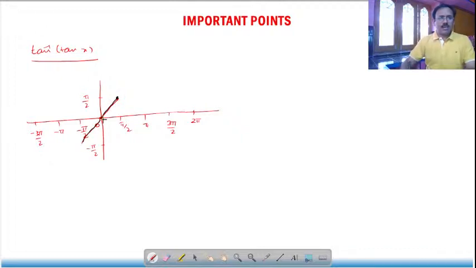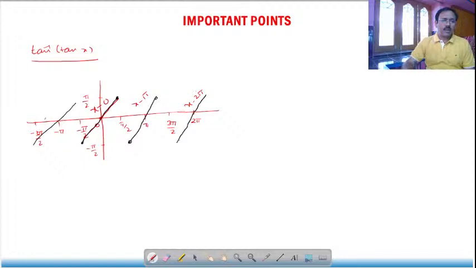This is the same as the y is equal to x part. Then again the same kind of graph here, the same kind of graph here, and here also the same. So it's very easy, friends. Naming is x minus 0, x minus pi, x minus 2 pi, x plus pi. All will have x plus something.